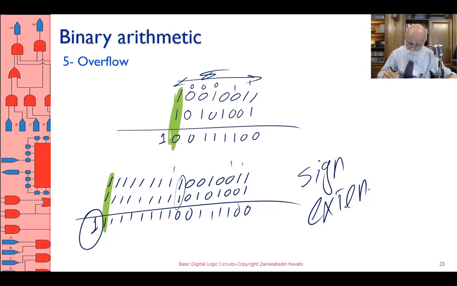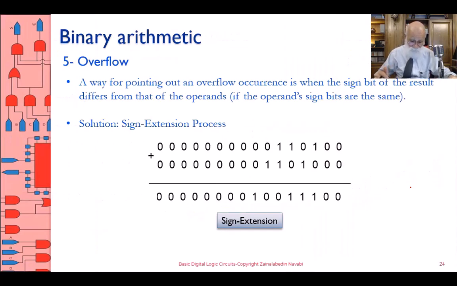And you do sign extension when you need more space, and sign extension if it's a positive number, zeros will be repeated. If it is a negative number, ones will be repeated, which is the sign itself. And this is how you avoid overflow.